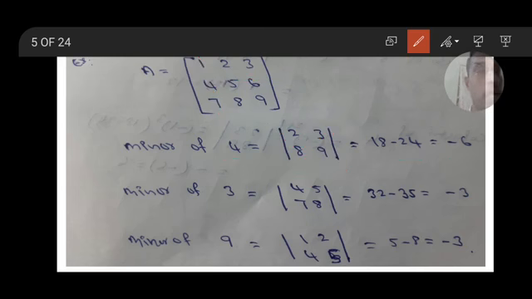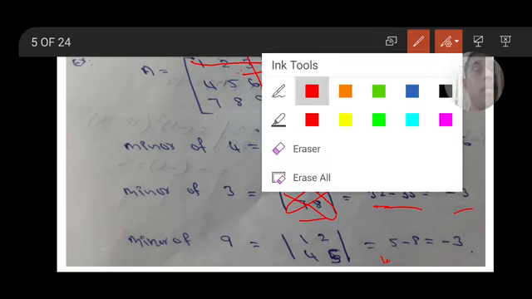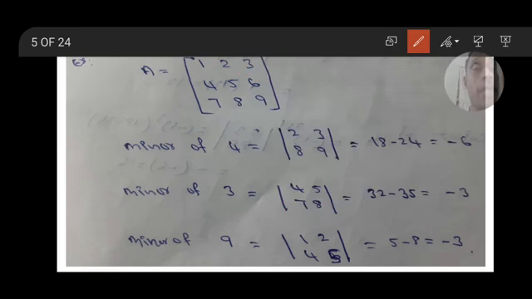For example, next, minor of 3. Minor of 3 means we have to delete its row and column. The remaining matrix is 4, 5, 7, 8. So the determinant AD minus BC: 4 into 8, 32, minus 7 into 5, 35. 32 minus 35 means minus 3. Next, minor of 9.